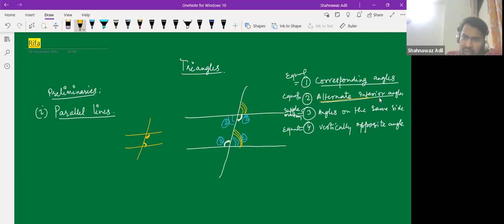The alternate interior angles are the ones we already talked about, this one and this one. These are alternate interior angles, because 1, 2, 3, 4 are interior angles.